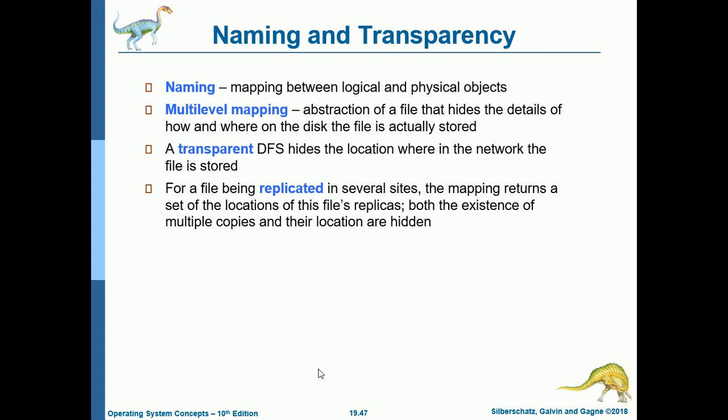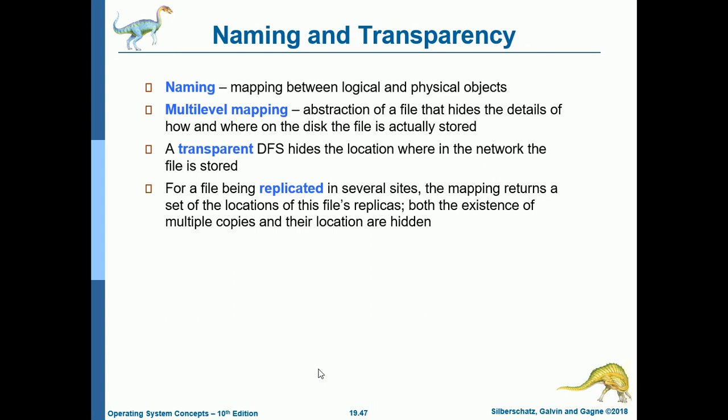Okay, next are the challenges. As I've said, we first have naming and transparency. For naming, there is a mapping between logical and physical objects. And then we have multi-level mapping, an abstraction of a file that hides the details of how and where on the disk the file is actually stored. A transparent DFS hides the location in the network where the file is stored.